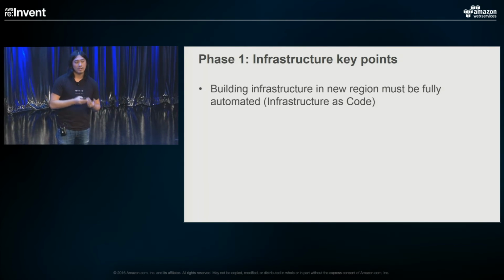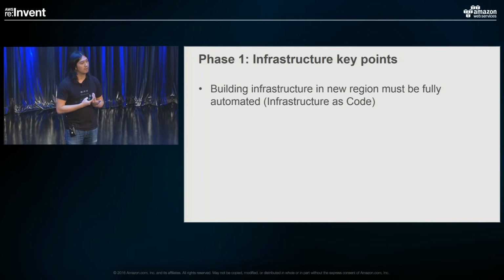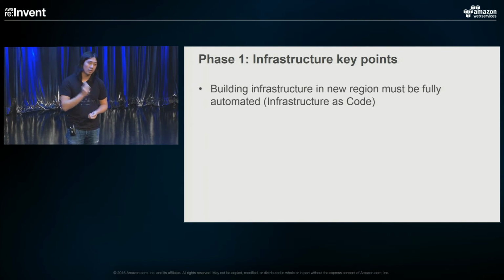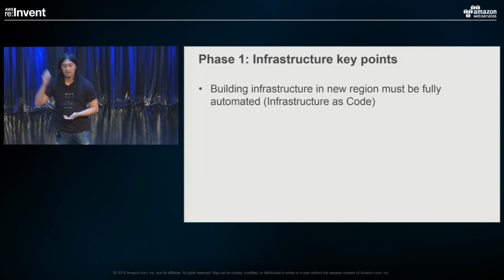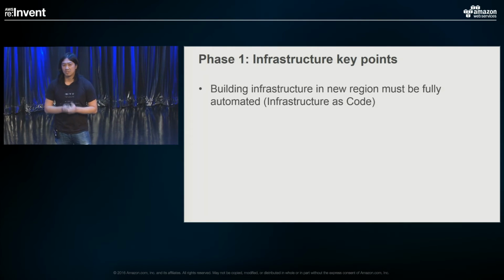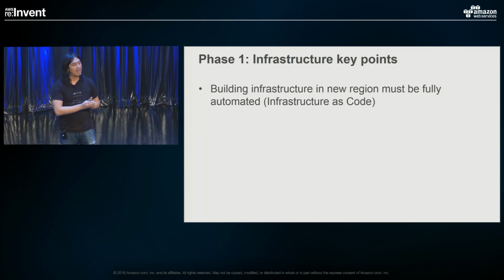Our previous infrastructure was built very organically as our use cases came along. But now that we're going to be building multiple regions, we had to make sure that we could quickly stamp out region 2, region 3, region 5, 10, 11. It doesn't matter. The point is, it had to be infrastructure as code. We would not allow it to be built by hand.